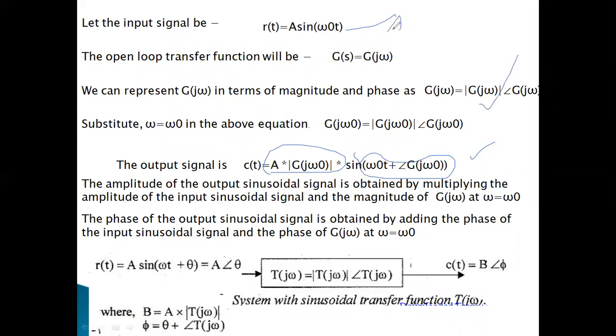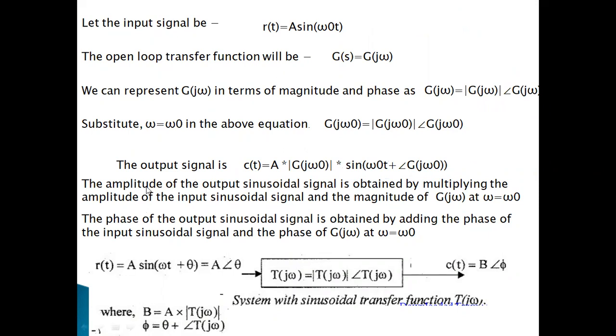Multiply these two magnitudes and add the phase angles to get the sinusoidal output. It is simple mathematics, multiplying two sinusoid functions.